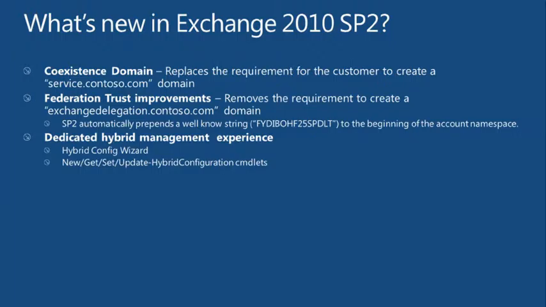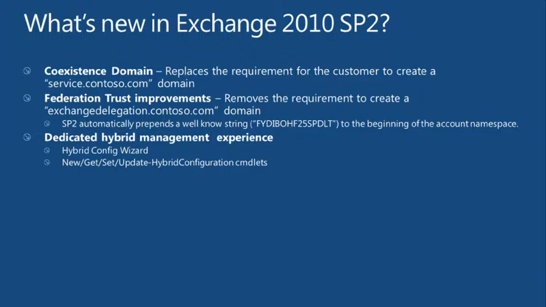Very confusing requirement. What happens in Service Pack 2 is we automatically prepend this string that's up there. Does anybody recognize that string, just out of interest? So it's "Exchange 14 rocks" obfuscated by one character. It's a string that's been in the product since Exchange 2007.